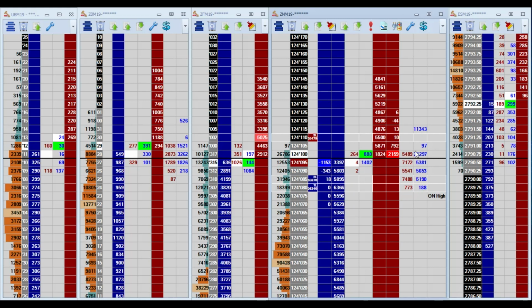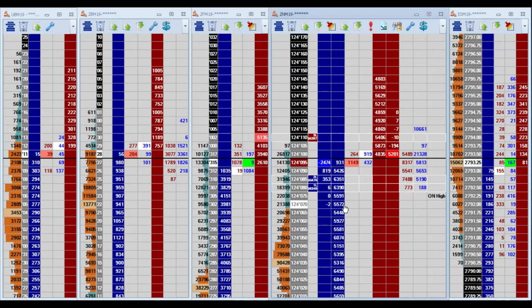Again, we're keying in on all this absorption that happened. Sellers just sucked up all that buying that happened at this level. We need that to hold up. We're in at a 3 lot now.